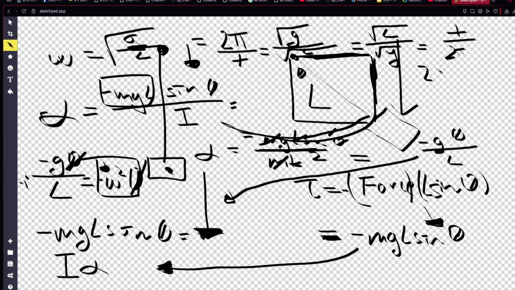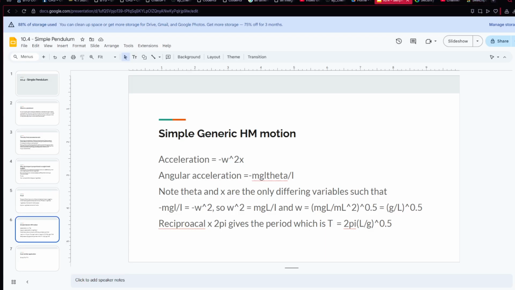Multiply 2 pi on both sides to get T equals 2 pi square root L over square root g. Just simple, interesting stuff like that. Physics is really interesting, and I love how it's all theoretical, at least for us.